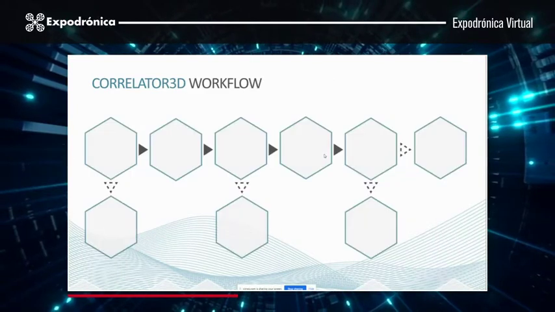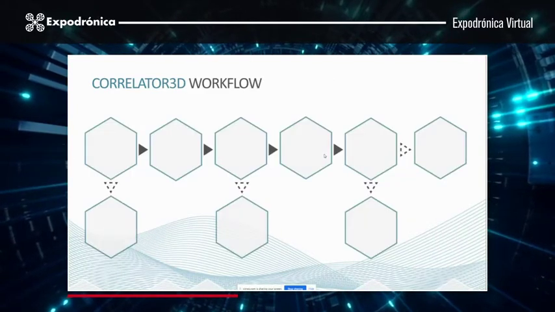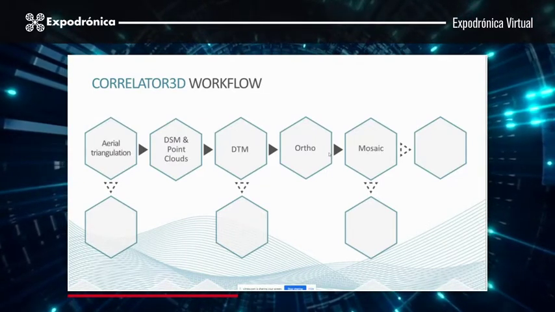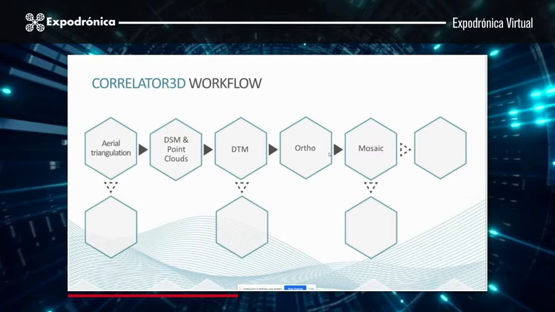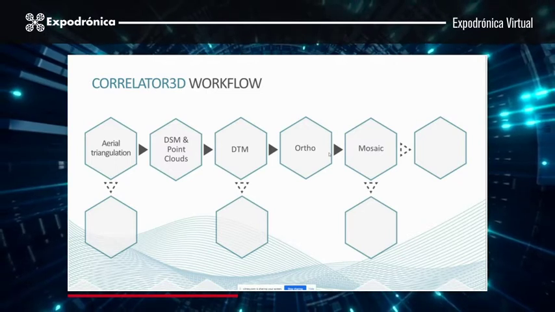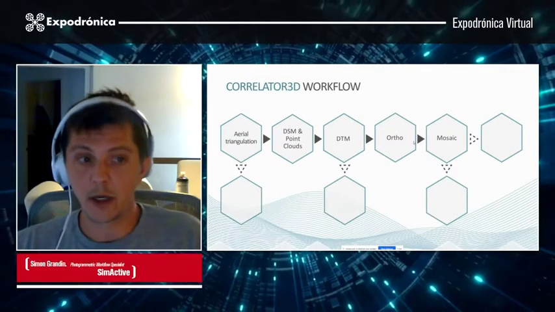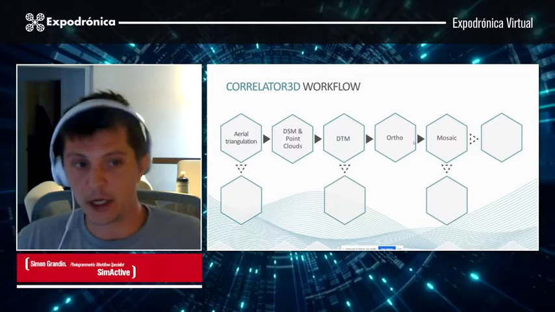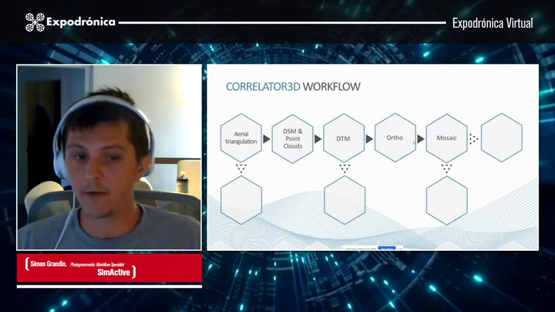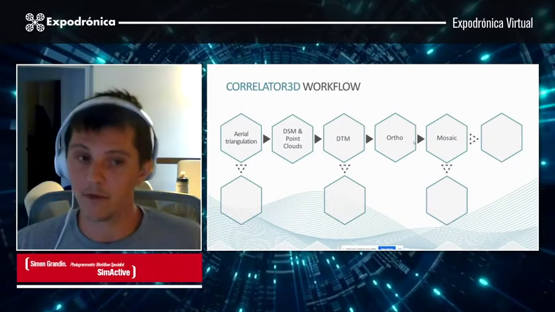So here's a bit about the architecture of Correlator 3D. As I mentioned previously, we have a modular architecture, which breaks down into 3 major modules that also have different add-ons. The three major modules are the aerotriangulation, which consists of finding common features between all the different images to have a nice block of images.